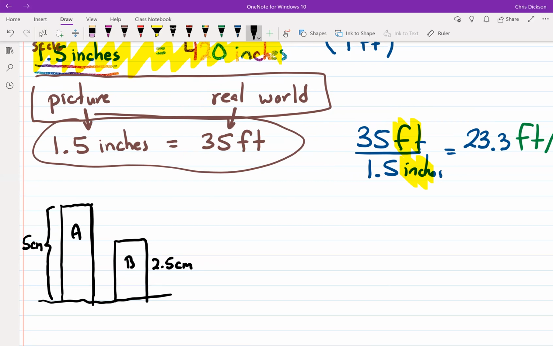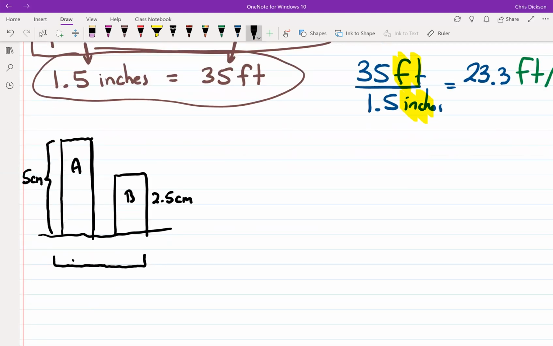Okay. And let's say at the bottom here you're given a scale, 0, 1, 2, 3, 4, and let's say these are centimeters. This distance here is 1 centimeter on your ruler.